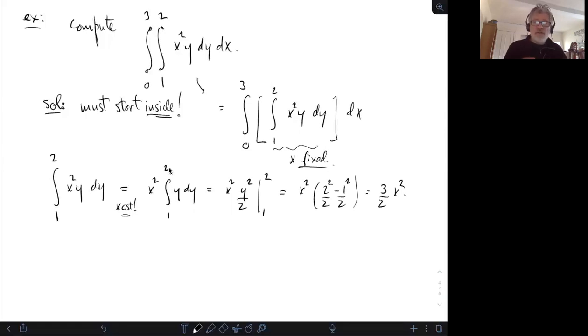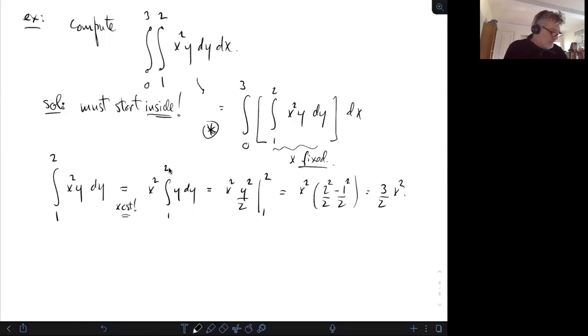So that's our function A of x. You can imagine you have your surface, you chop at any x of your choice, and you look at the area of that slice of bread, and it's 3/2 x squared. As you change your x, you get a different value for your area.